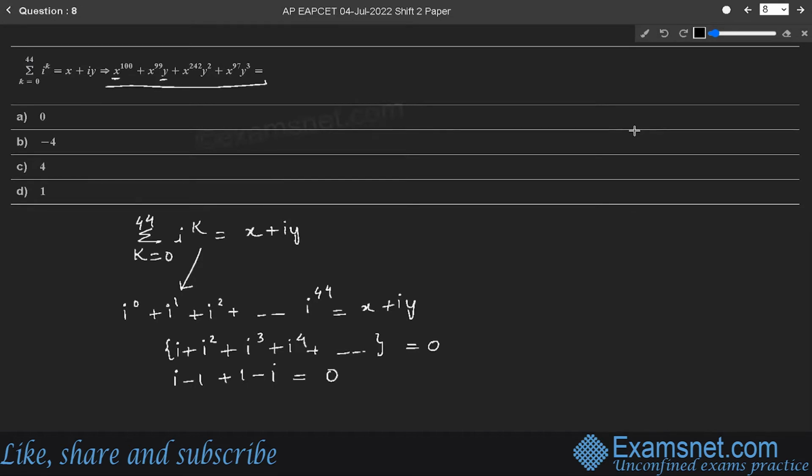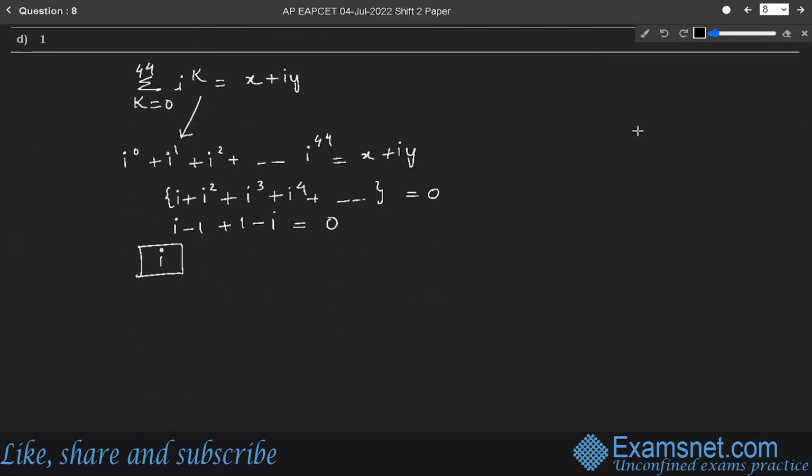Only one i will remain on solving this equation. Therefore, i power 0 is equal to x plus iy, since all the other terms become 0 eventually. So 1 plus 0i is equal to x plus iy. On comparing, x will be equal to 1 and y will be equal to 0.